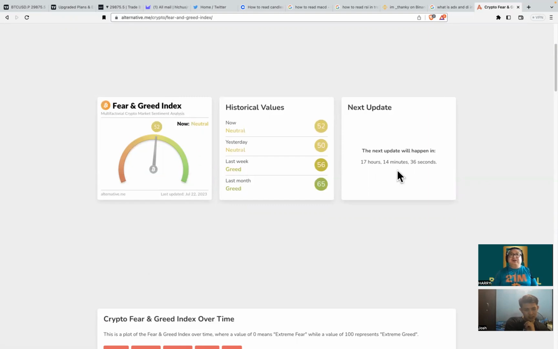So, remember the saying: when the others are fearful, we buy. When the others are greedy, we sell. That's us traders. When the fear and greed indicator is 20, 15, you buy, because at that time the Bitcoin price is also very low.